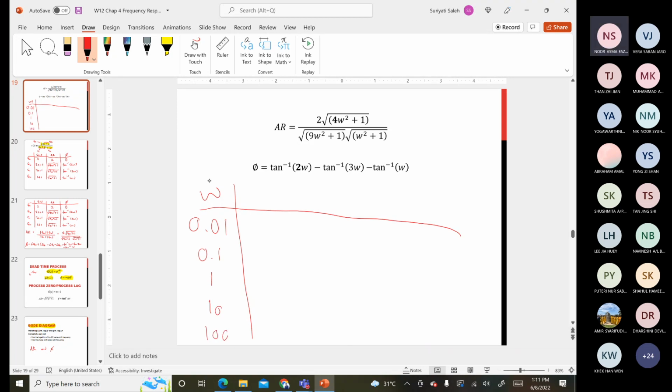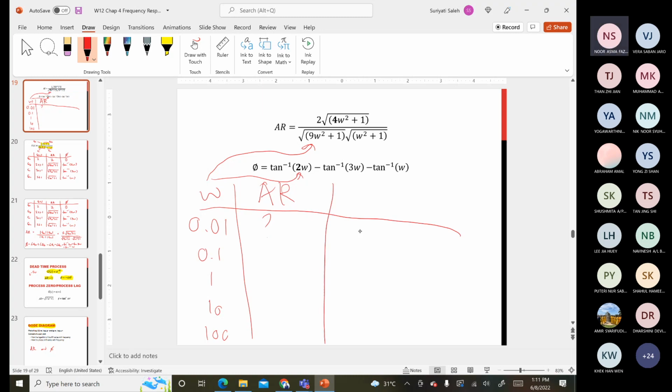So the W here, we substitute inside the equation. You calculate what is the AR when you put W 0.01. Then you repeat the step by calculating AR at different values of frequency.